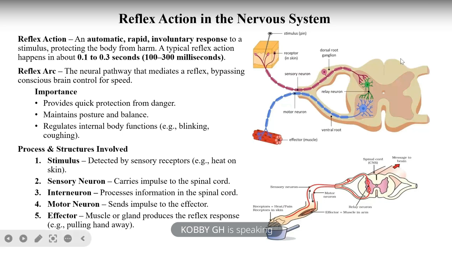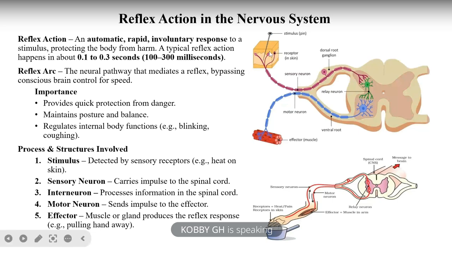The sensory neuron relays the information to the relay neuron, or interneuron. Then the interneuron integrates and processes the information and senses the situation. Then it sends a response back to the part of the body through the motor neuron. Let's go over it for the last time. When we ask you to describe reflex action, for example, if someone touches a hot object, that hot object is a stimulus, which stimulates the receptors in the area.